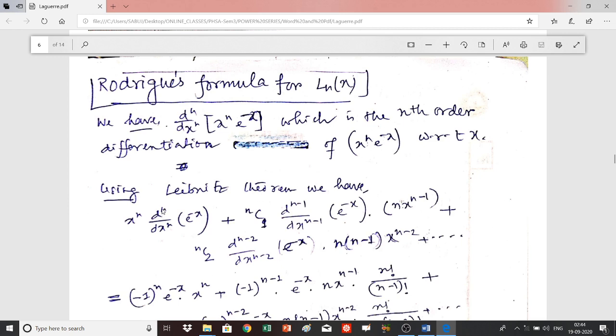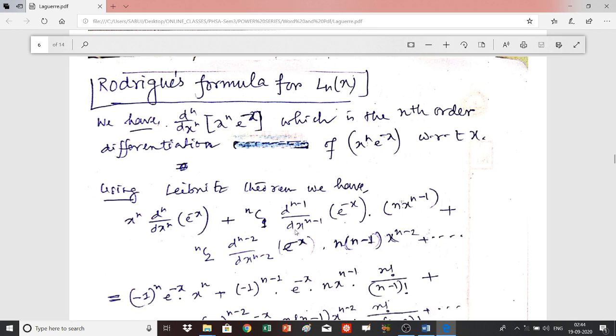That is done here, d to the power n by dx^n of e to the power minus x. And then the next term will come with a constant, nC1. This is the constant term, and then differentiate e to the power minus x to one order lesser than in the previous case. So the order of the differentiation in this case will be n minus 1.